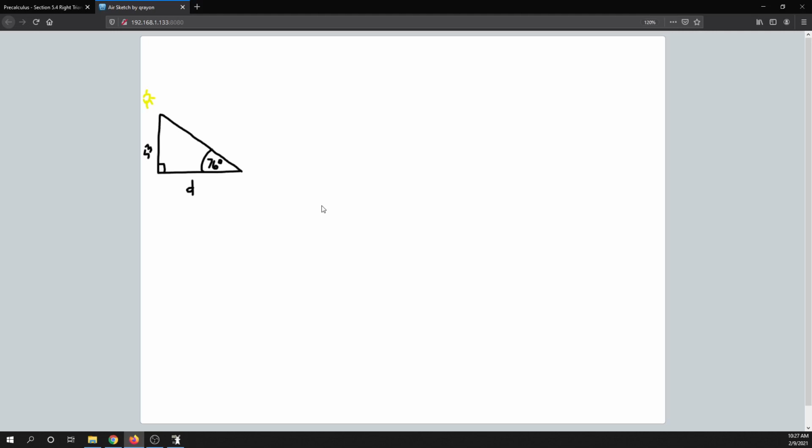And so we can use tangent to do that. So the tangent of 76 degrees would be the opposite side, 53, over the adjacent side, which is the side that we're trying to find the distance of. Now we just need to solve that little proportion. So what we would do is just cross multiply. D times tan 76 is equal to 53.